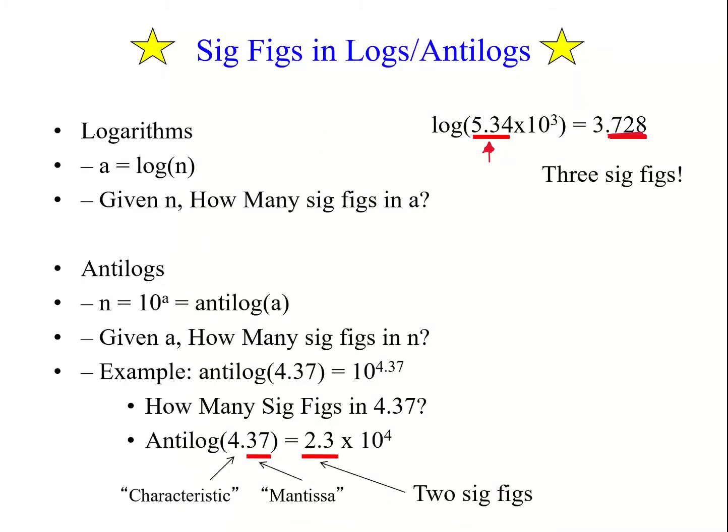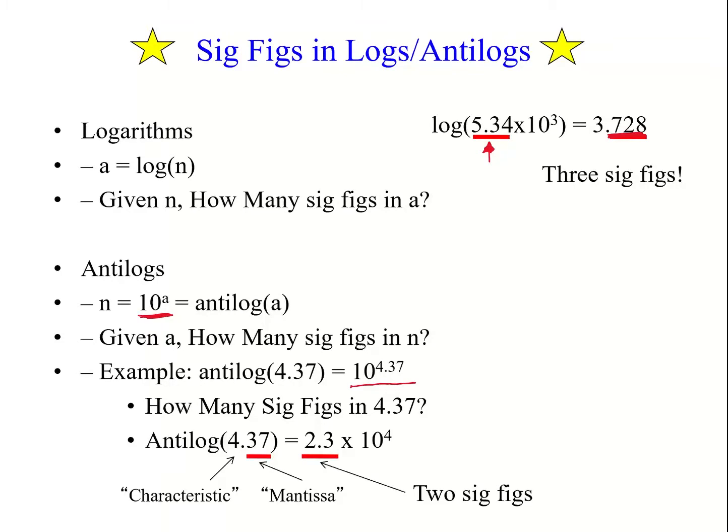In the conversion of a logarithm into its anti-logarithm, which is an opposite function, 10 to the x, usually on your calculators, or 10 to the a in our case, corresponding to the formula above, the number of significant figures in the anti-logarithm should equal the number of digits in the mantissa. For example, the anti-logarithm of the number 4.37 is basically the same as 10 to the 4.37.